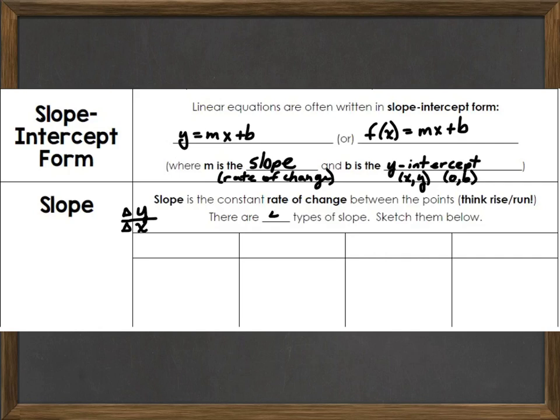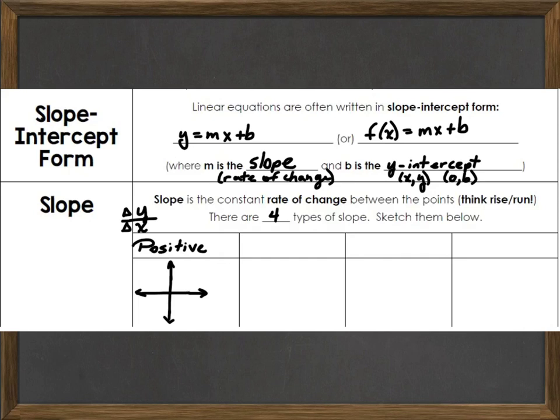There are 4 types of slope, and I might ask you to sketch these or comment on these for the test when we have one. But a positive slope, if you graph it on the coordinate plane with your x and y axis, okay, I'm going to draw it in here with a different color line.